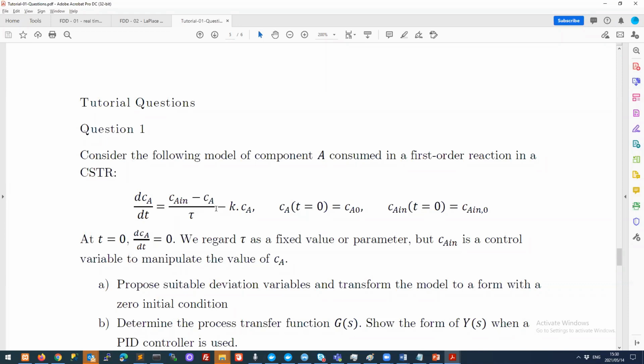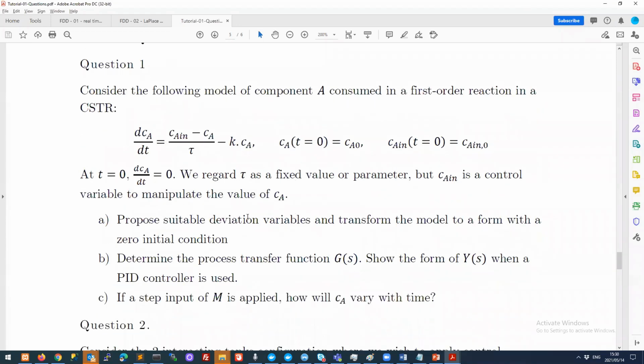Now, this equation is not so easy to use as it is, right? We want to translate this equation so that we have a relationship between the concentration and the control variable. So, excuse me.